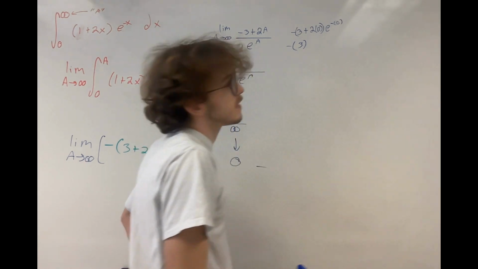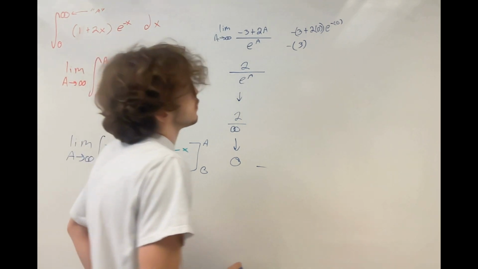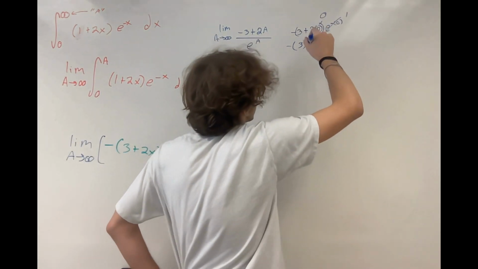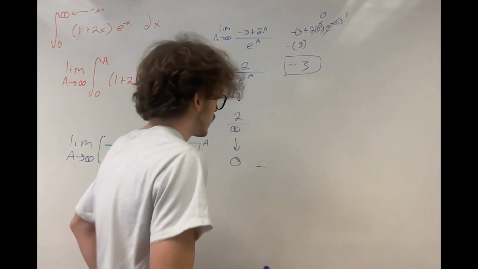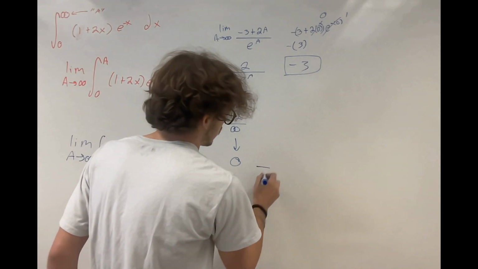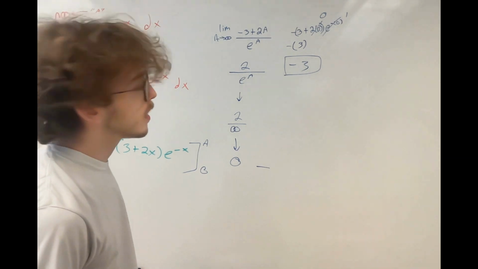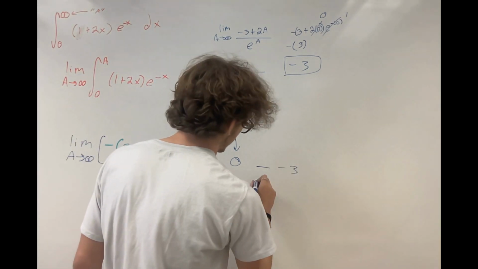E to the negative 0, anything to the 0th power is 1, so this cancels to 1, this cancels to 0. So we're left with negative 3 is what this evaluates to. We're going to then do our fundamental theorem of calculus, the upper limit minus the lower limit, 0 minus negative 3. We're going to get 3.